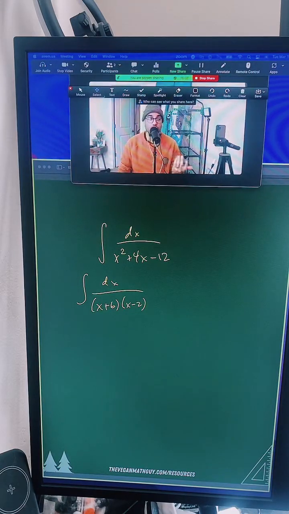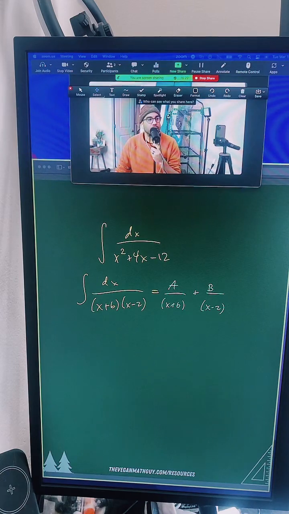So let's go ahead and use partial fractions here. This is supposed to equal a over x plus 6 plus b over x minus 2. Now that we have this, we can use partial fraction decomposition.